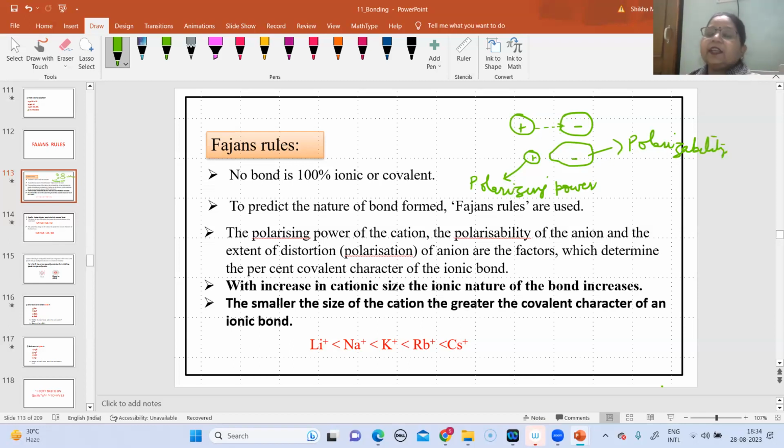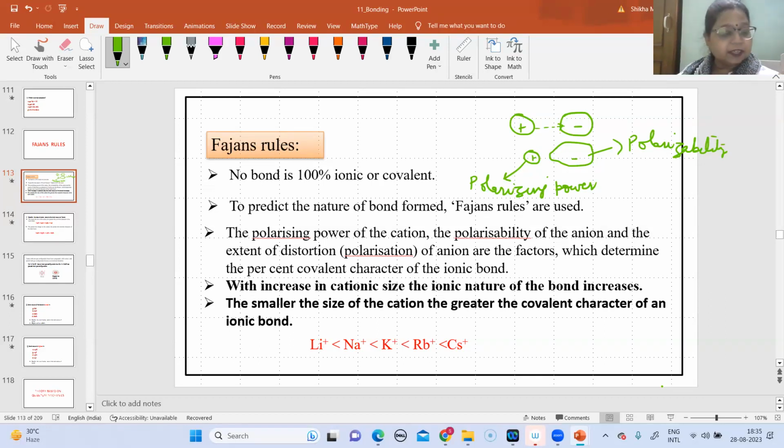So whenever a cation and anion approach each other, the electron cloud of the anion, as you can see, is distorted, right? Which causes covalent character to be developed in an ionic compound. That means in an ionic compound, we were saying that electrons are confined to the cation and anion in their respective areas.